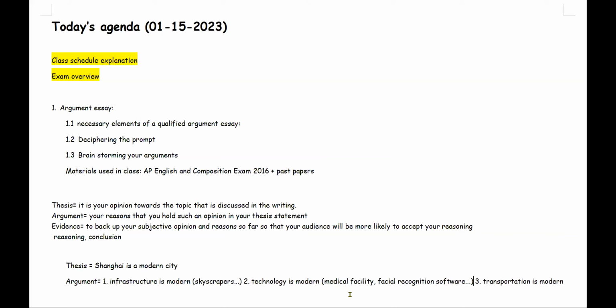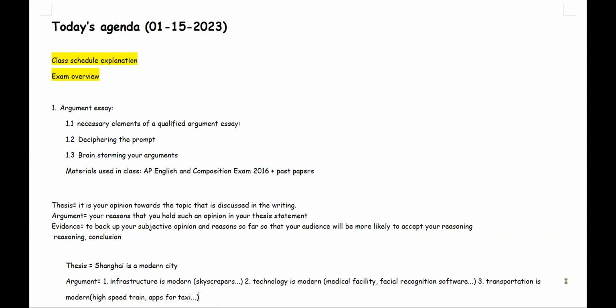Blah blah blah. Okay, very good. How about transportation? We have a high speed train, right? And what else? All this app, right? Apps for taxi, all right, whatever. Okay, so that's transportation is modern, right? Good. So you have evidence.